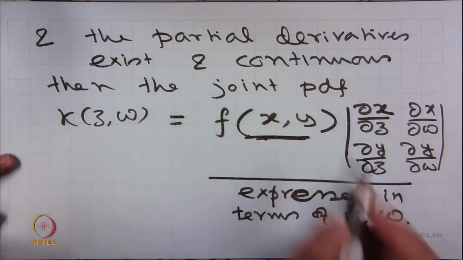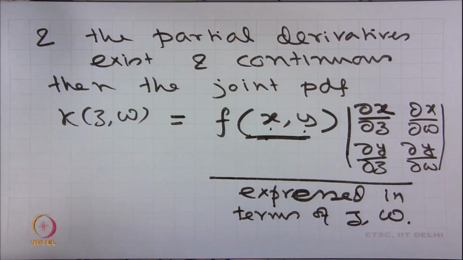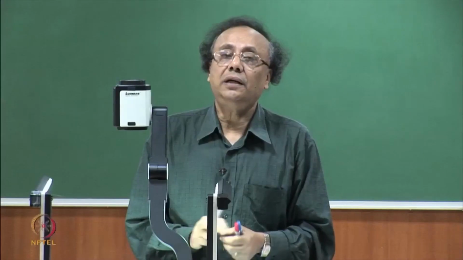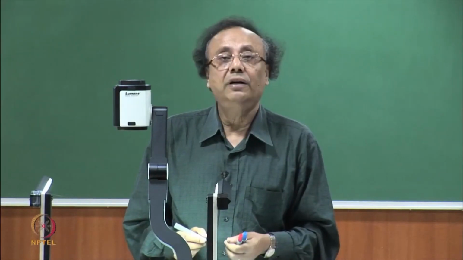So, given z w, we can uniquely determine the x and y. If we remember this, then we shall use the same theorem for obtaining the PDF of the T distribution with n degrees of freedom.